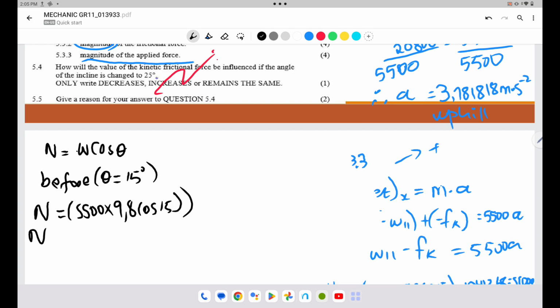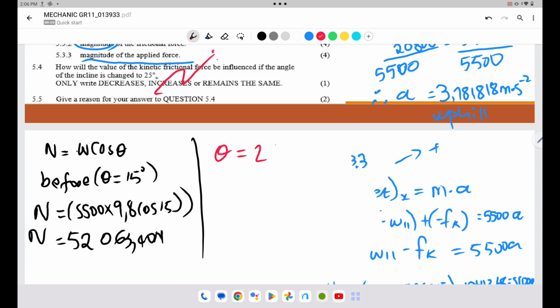Let us see. If I punch that on my calculator, 5,500 multiplied by 9,8 cosine of 15, initially it was 52,063,40 Newton.